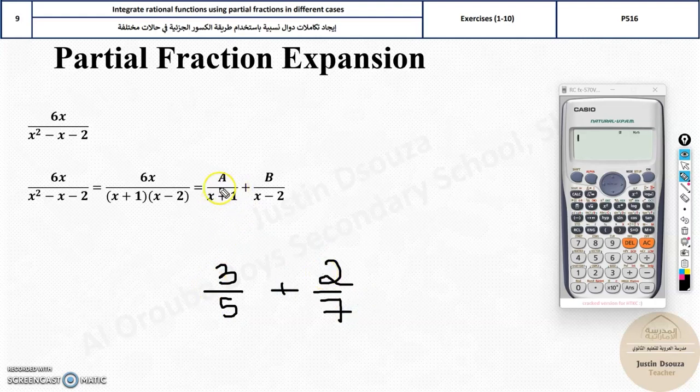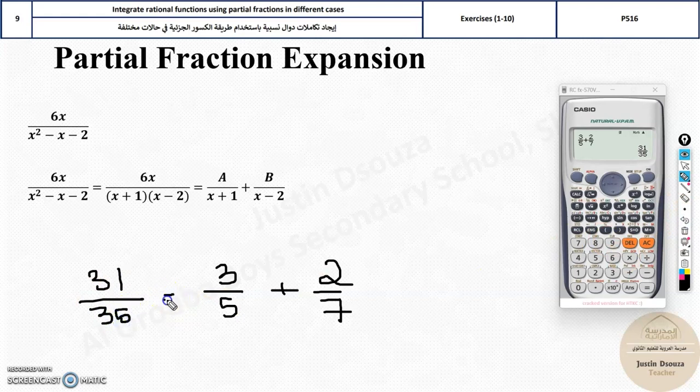Okay, these are two factors. Now let me add them up: 3 by 5 plus 2 divided by 7. What is the answer? It is 31 divided by 35.